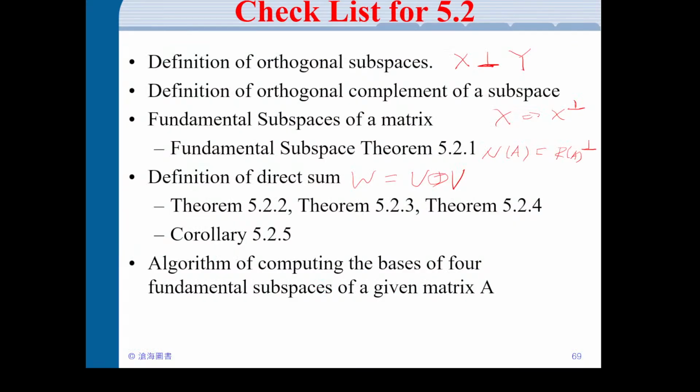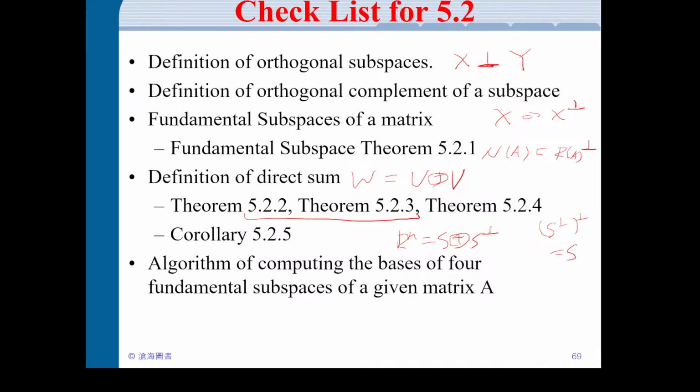So these two are the same way of saying that R^n, the whole space, equals any subspace direct sum its perpendicular. And 5.2.4 says that the double perpendicular gets back to your whole space.